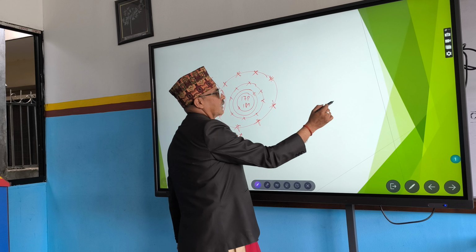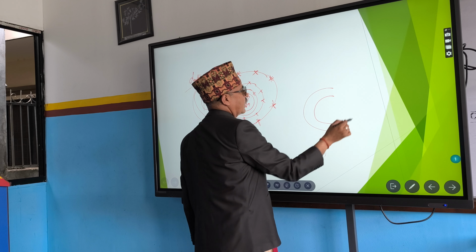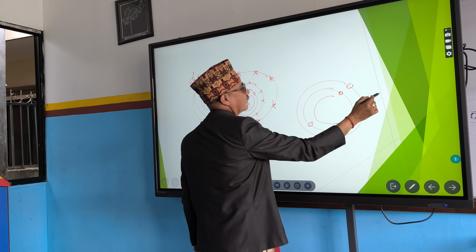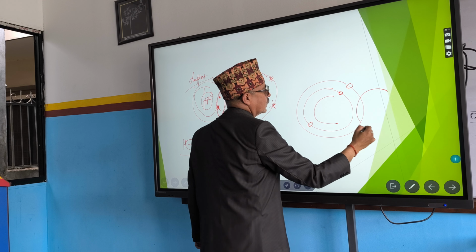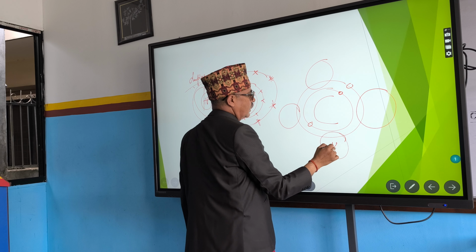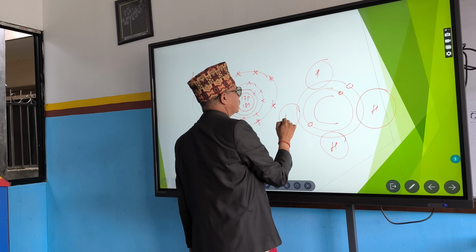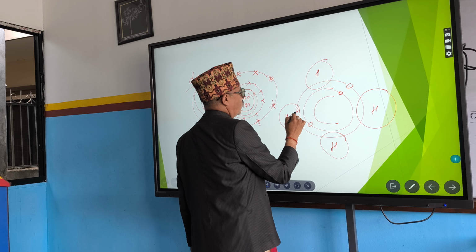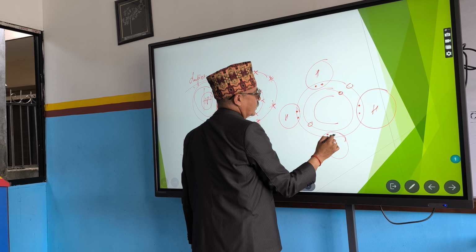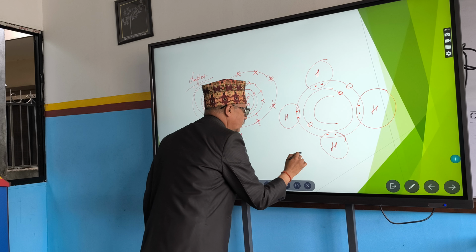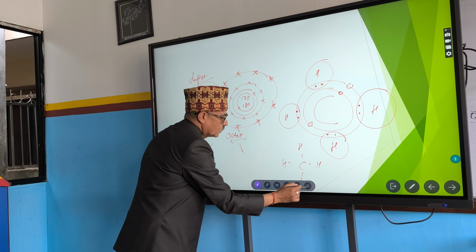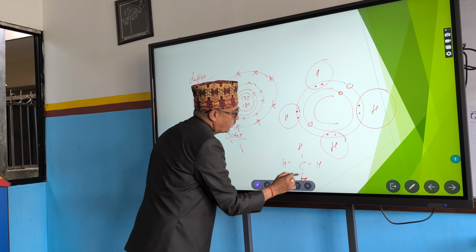Next one, carbon. Carbon at the center, with hydrogen here, here, here, and here. Two electrons are shared in each place. So this can be written as CH4.